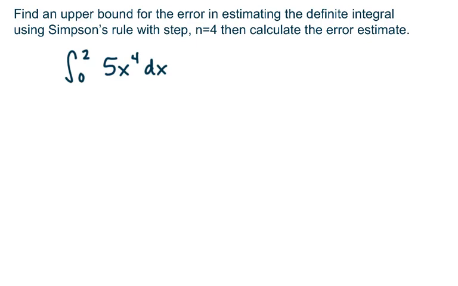I'm going to use Simpson's rule, but it would be very similar using the trapezoidal rule. In this example, we're going to find the upper bound, M, to help us estimate the error for the definite integral using Simpson's rule with n equals 4. In the previous video, we used Simpson's rule to approximate this integral, even though this is an integral that we can calculate exactly very easily.